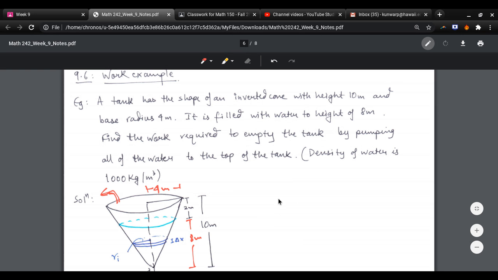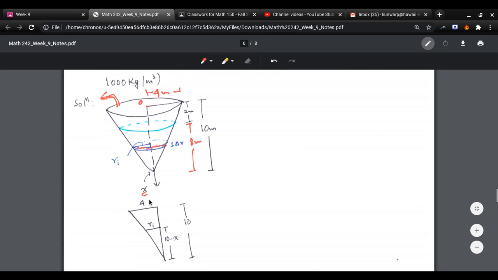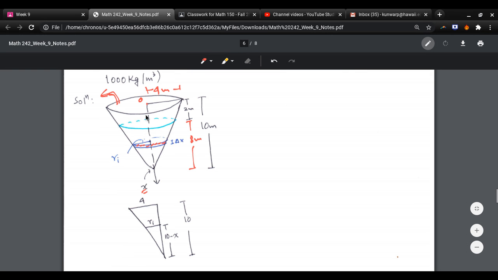So first of all, let's introduce a coordinate system. Let's call it x. And let's say right here is 0. Then if you look at each of these little shells, you can see that the thickness is delta x at some radius, right? So what we can do is, let's look at this triangle here.